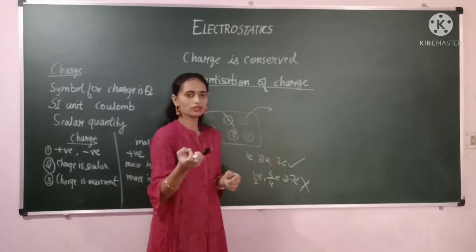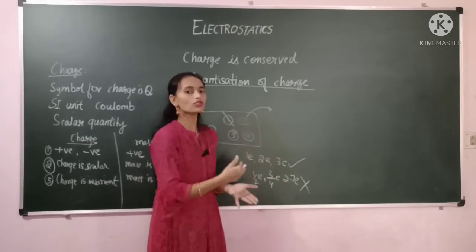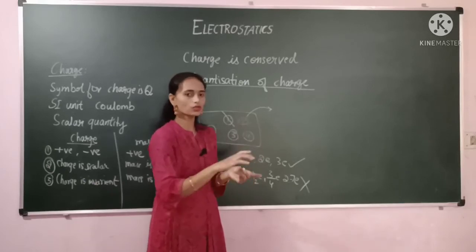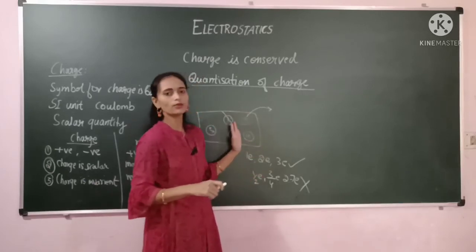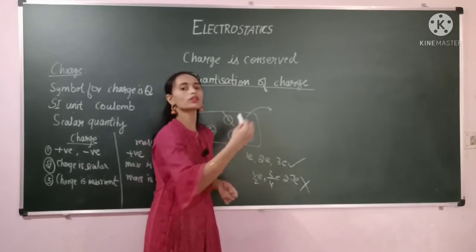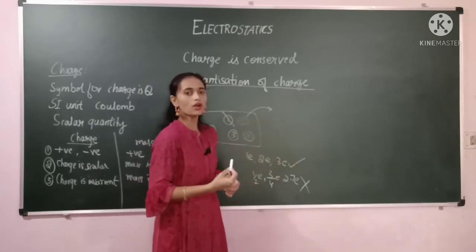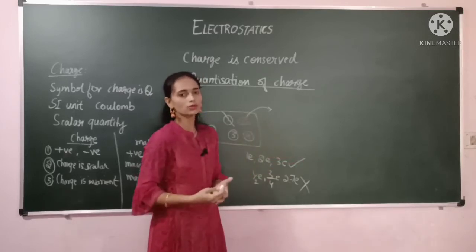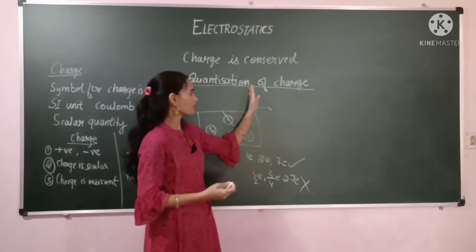For example, a biscuit we can share in half, but here it is not possible. We cannot cut the charge; we have to transfer the whole complete charge, or else accept the whole complete charge. So this is the property of charge.